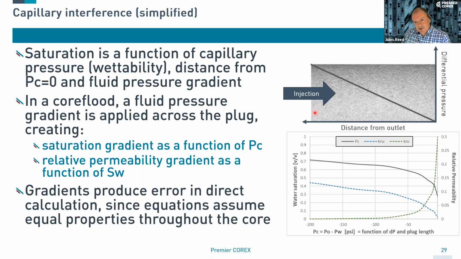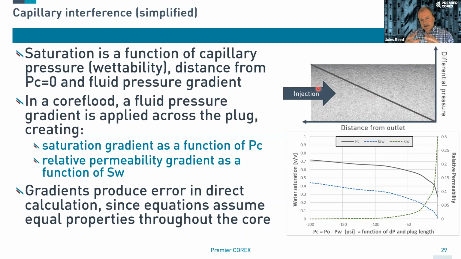But what's happening is in this short plug, we have a differential pressure. At half of the length of the plug, we'll have half of the pressure being applied. At three quarters, we'll have a quarter of the pressure being applied, until we get close to the outlet where we have almost zero or negligible differential pressure.